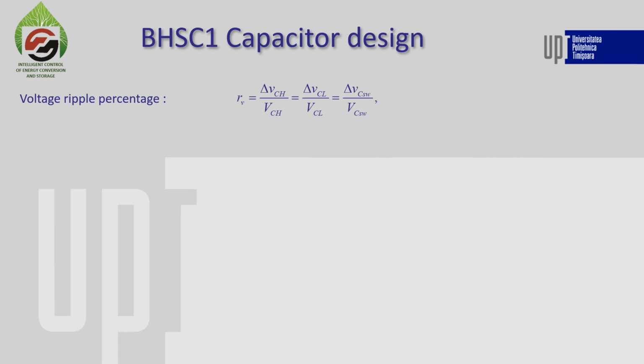Similarly, when designing the capacitors, we also select a ripple percentage for all capacitors, for example 1 or 2%, a much lower value. Then we can continue by writing the equations for the capacitor currents, and we see here that the switched capacitors have a larger ripple, as we also see in the waveforms.